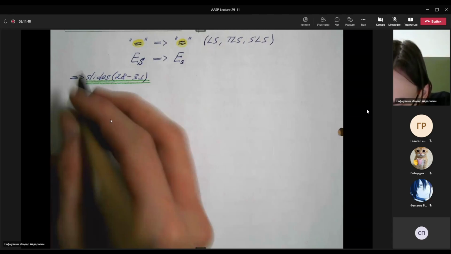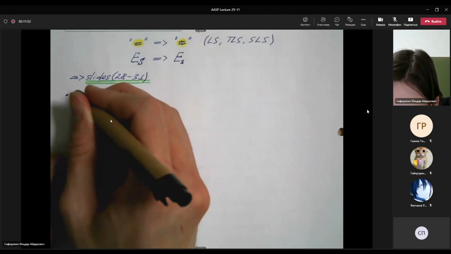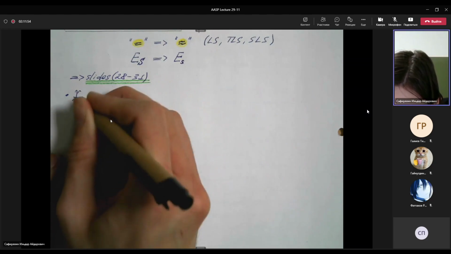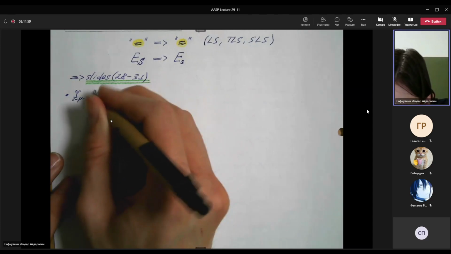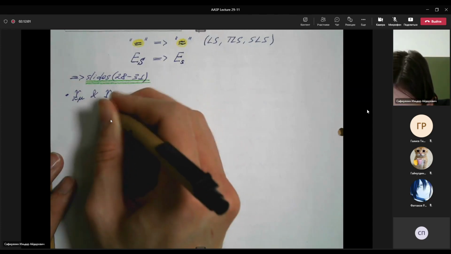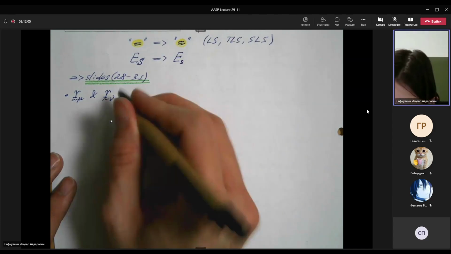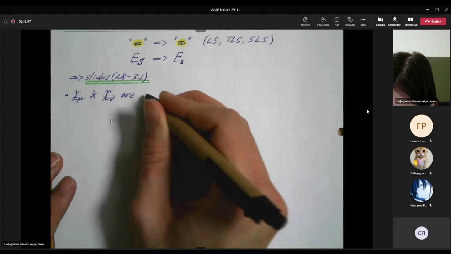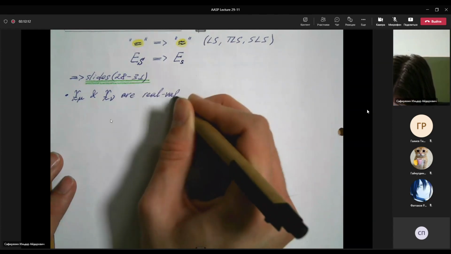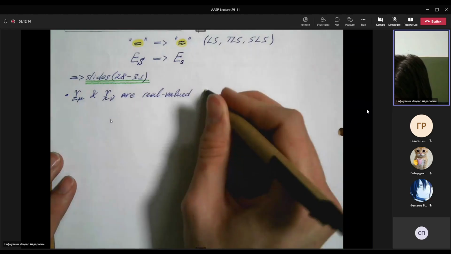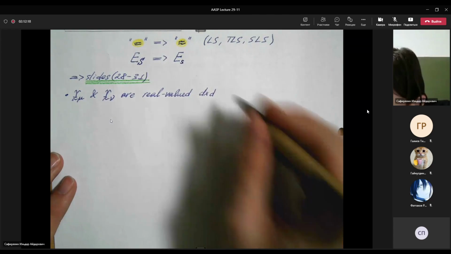So here we have epsilon sub mu and epsilon sub nu. They are real valued D times D matrices.